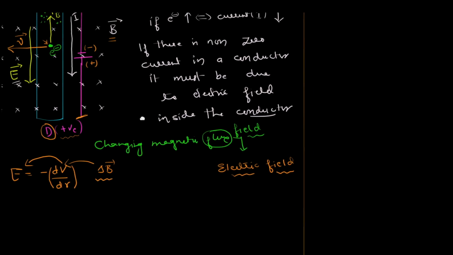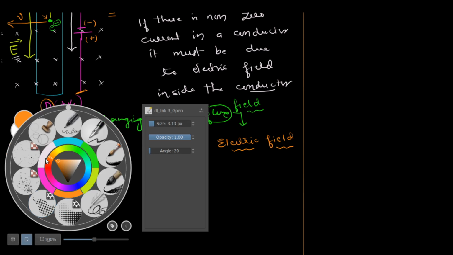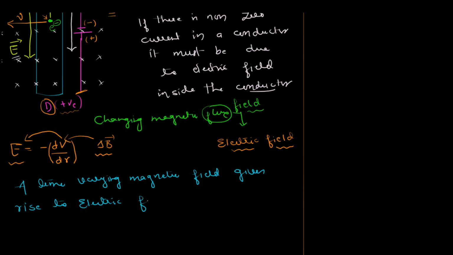And this was in fact the greatest achievement of Faraday's law. Yes, Faraday's law gave us an expression for EMF and everything, but the greatest achievement of Faraday's law was this statement right here, that a time varying magnetic field, or changing magnetic field, gives rise to electric field.